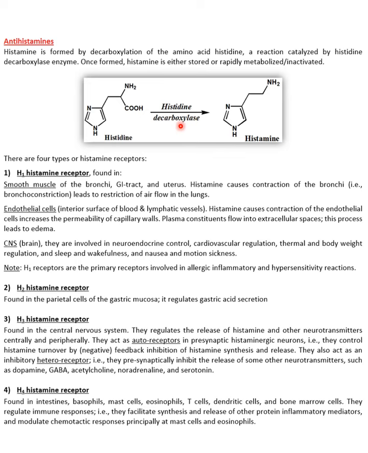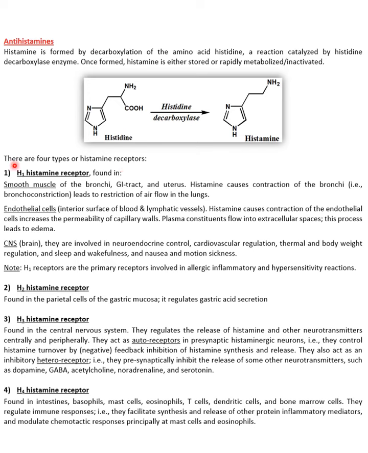Examples of them are cromolyn and nedocromil, and we are gonna talk about them when we reach the allergies and the drugs used for allergies of the eyes. And the 3rd way, which is our topic today, is by designing drugs that inhibit the histamine receptors.